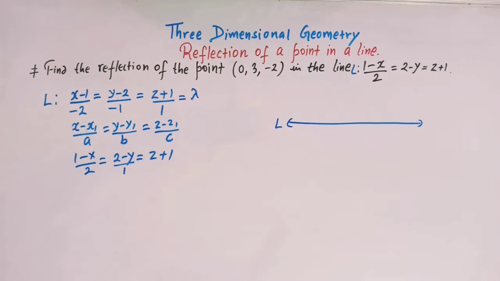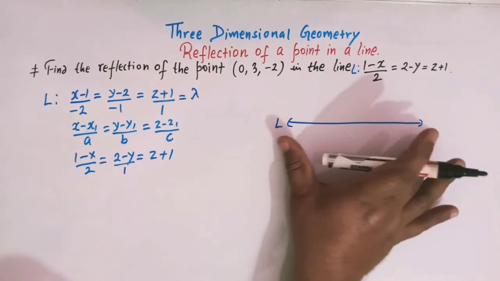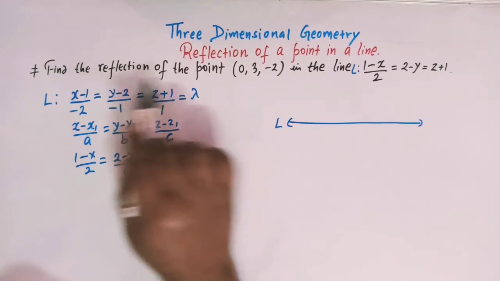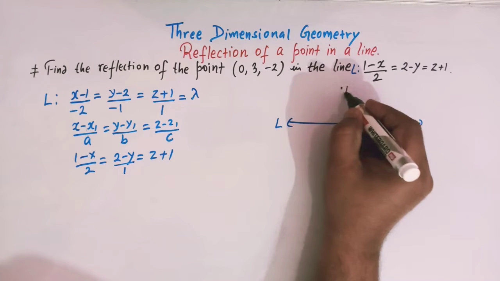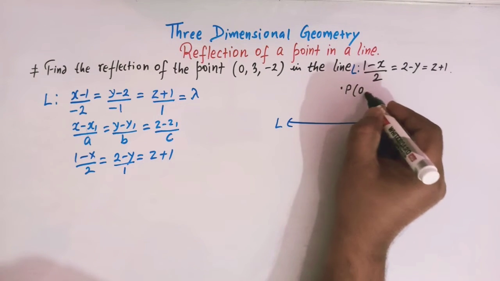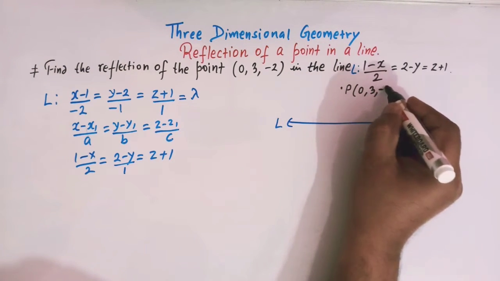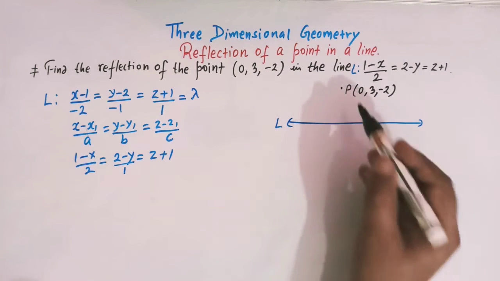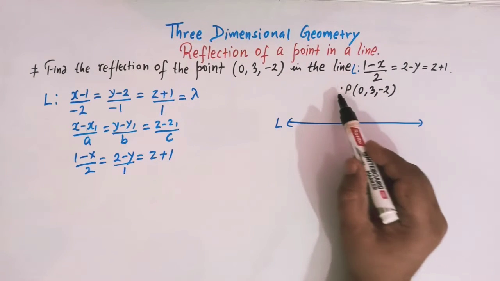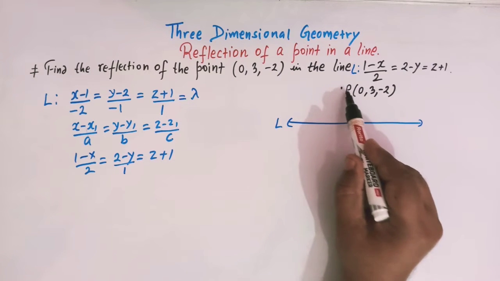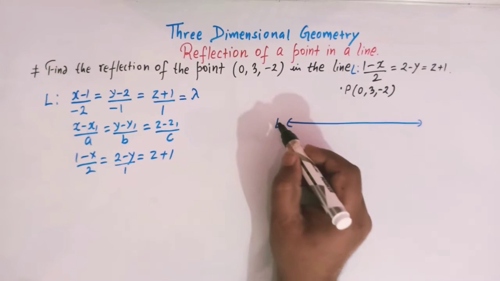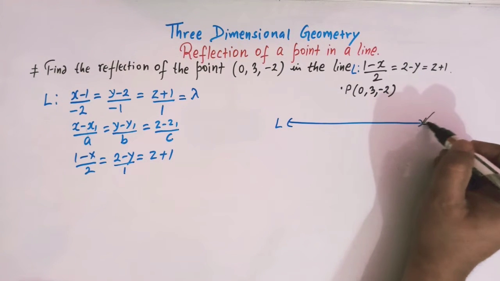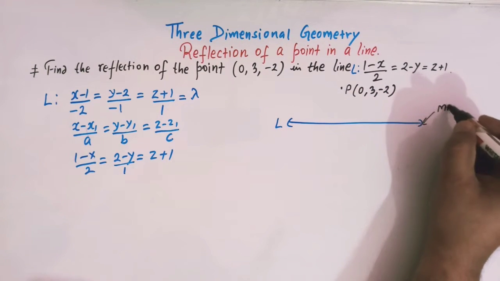Okay. So now here we have to find the reflection of this point, right? So let us take this point as P, and the coordinates are 0, 3, minus 2, right? And when we say that we have to find the reflection of this point under this line, it means that this line L will act as a mirror, right?